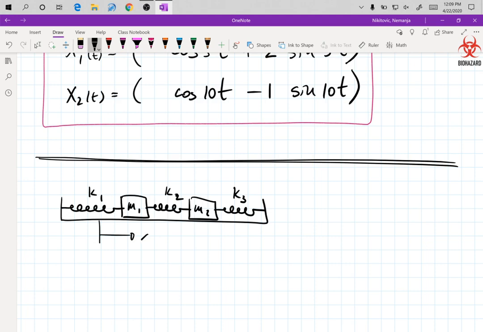This is our displacement x1, this is our displacement x2, and if you remember, this spring is just x1, this spring is x2 minus x1, and this one is just going to be negative x2, right? Because it's in terms of the motion, right?